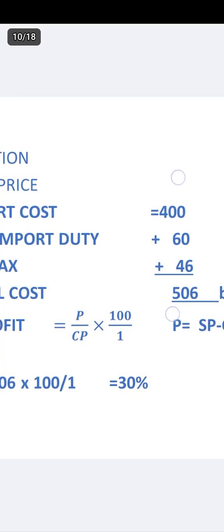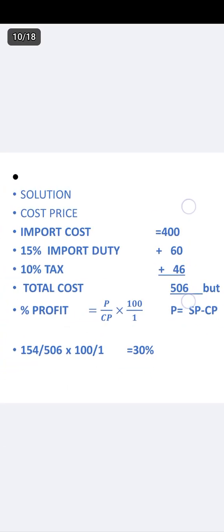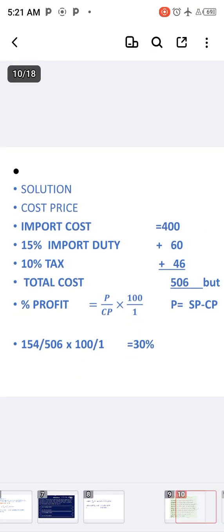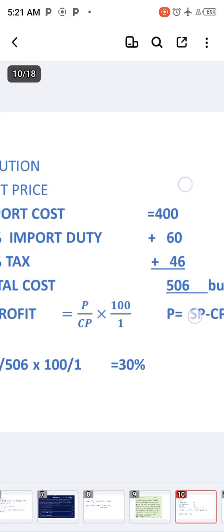That will give us 60. Then the next thing we will do is to take the 10% sales tax of the sum of 400 plus 60, which is 460. So 10% of 460 will give us 46.